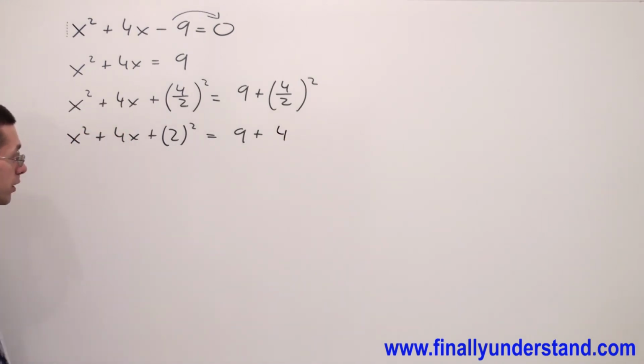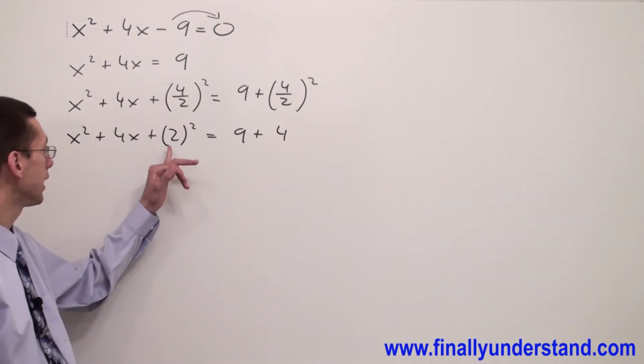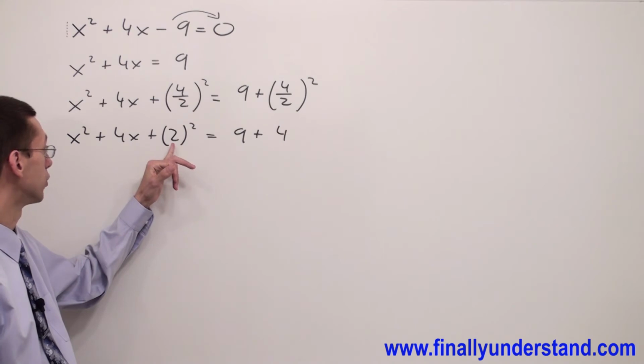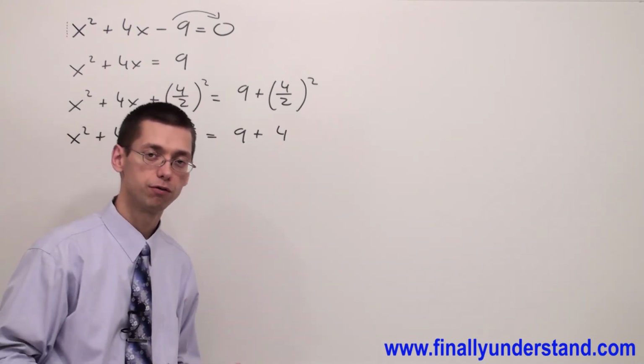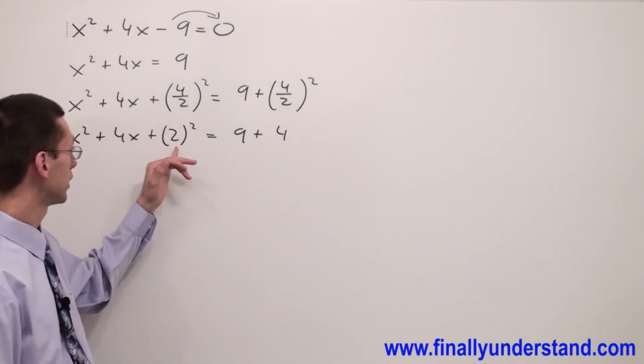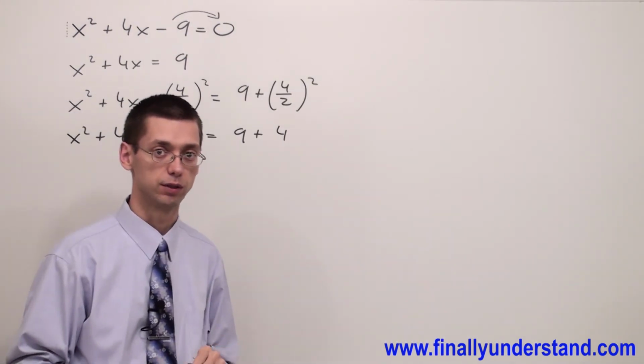Now, someone is going to ask me why I didn't write over here 4, because 2 to the second power is equal to 4. Maybe we're supposed to write 4. Not at this moment, okay?